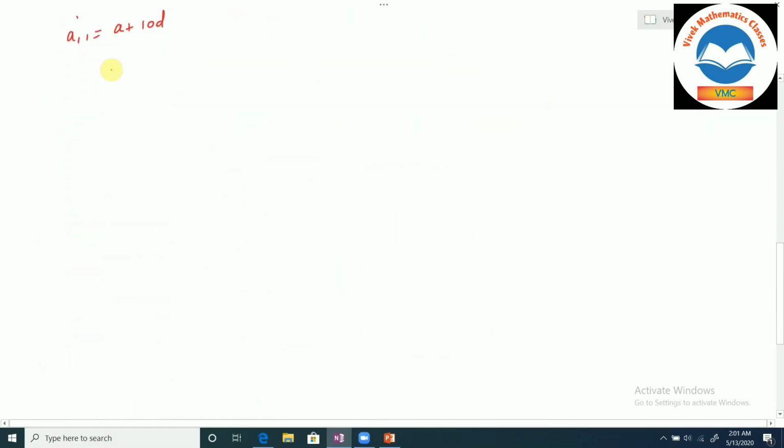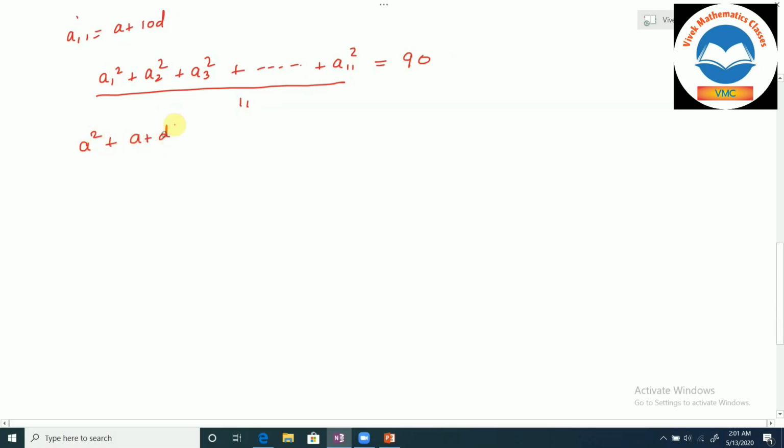A1 square plus A2 square plus A3 square up to A11 square, and the whole divided by 11, will be 90. So if you cross multiply this and substitute the A1, A2, A3 values, A1 value will be A square plus A plus D square plus A plus 2D square, and so on. At last what we will get?